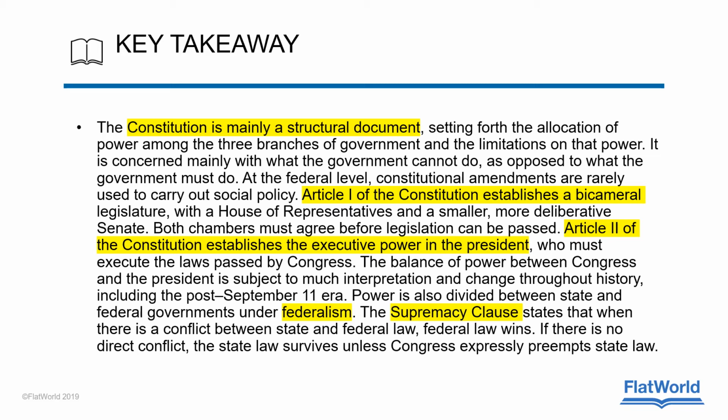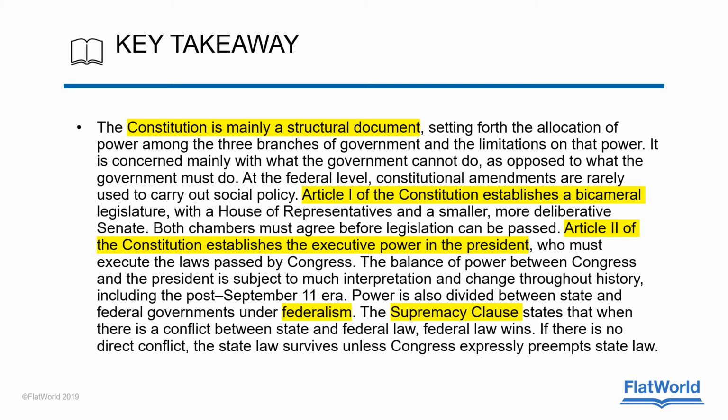Also, Article 1 of the Constitution establishes a bicameral legislature, meaning it has both the House of Representatives and the smaller, more deliberative Senate. Article 2 establishes the executive power of the president.